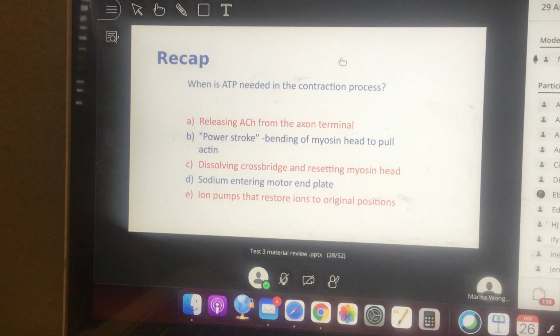I don't have a diagram here, but imagine a little catapult that's supposed to swing. That's sort of what myosin is. There's our actin, here's our thick filament.